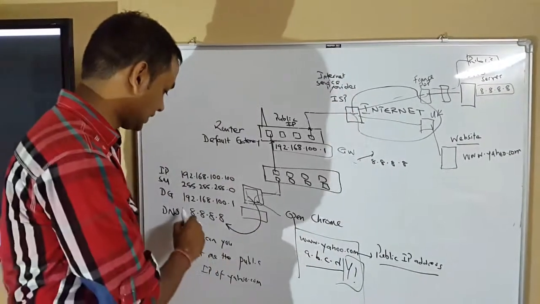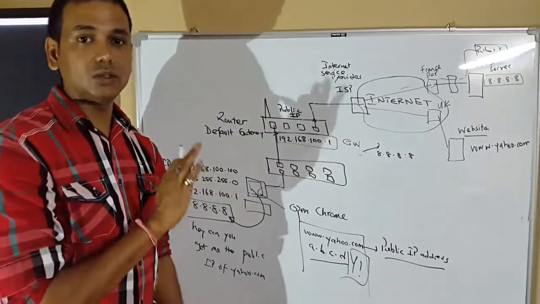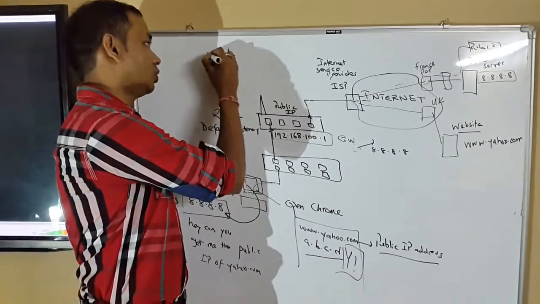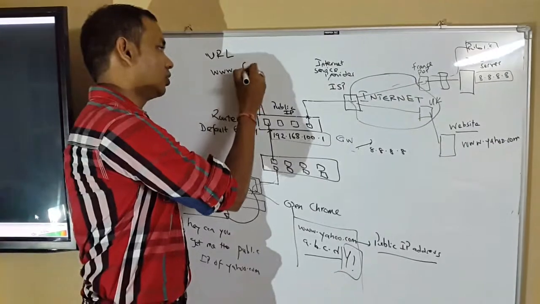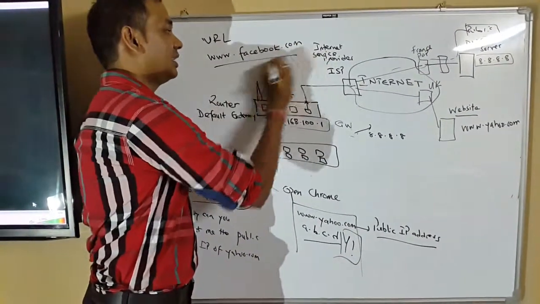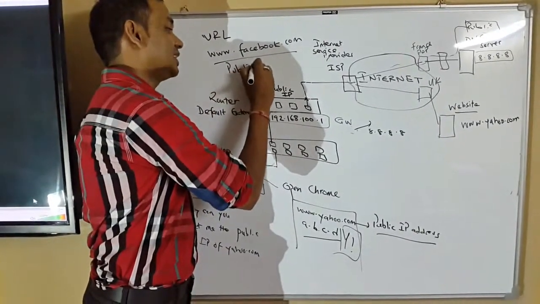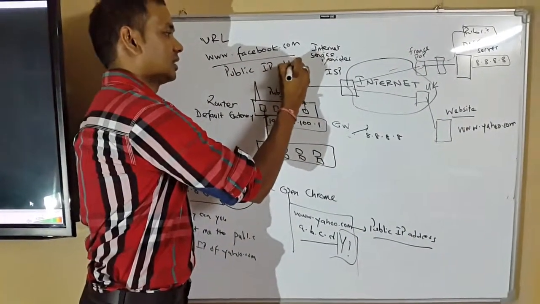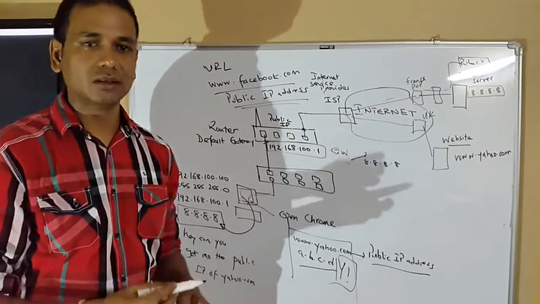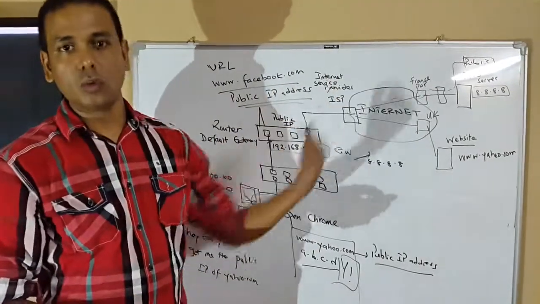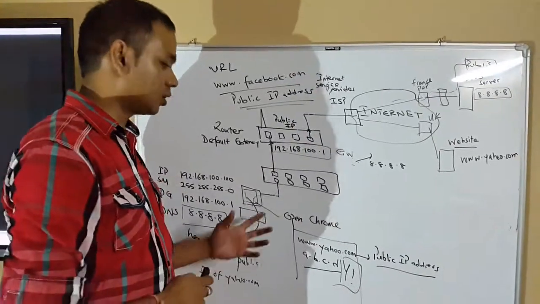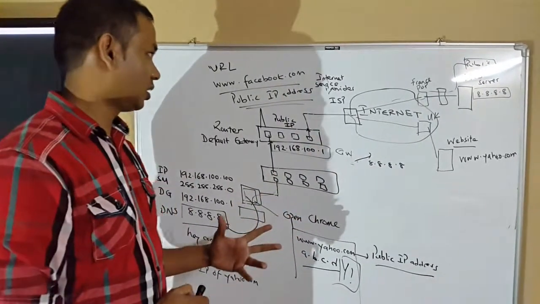So you have learned some important concept. Without the DNS, you can't get to any website via its URL, the Universal Resource Locator, for example, www.facebook.com. It's a URL. Behind any URL there is a public IP address. And that public IP address is very important for your computer to get you the web page that you are requesting. Without the public IP address, your computer cannot route any information.